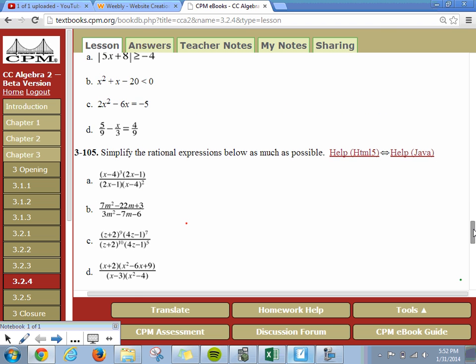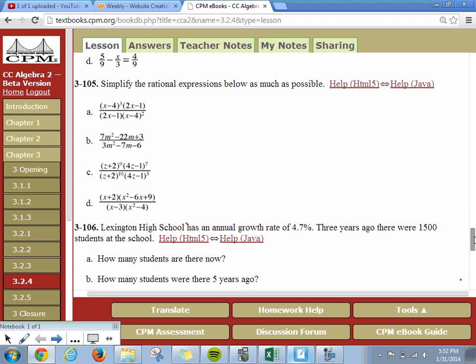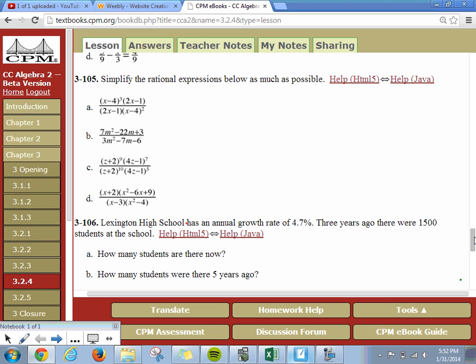105, it just has us simplifying each rational expression as much as possible. So all we want to do is simplify, which we should be pros at. So really what we're looking for is we want things to be all factored out for us. So in A, everything has been factored for us. So all we want to do is pull out anything where we've got something in the numerator and the denominator, or something in the top and in the bottom. We can see that we can cross out our x minus 1 because they're going to make a 1 for us.